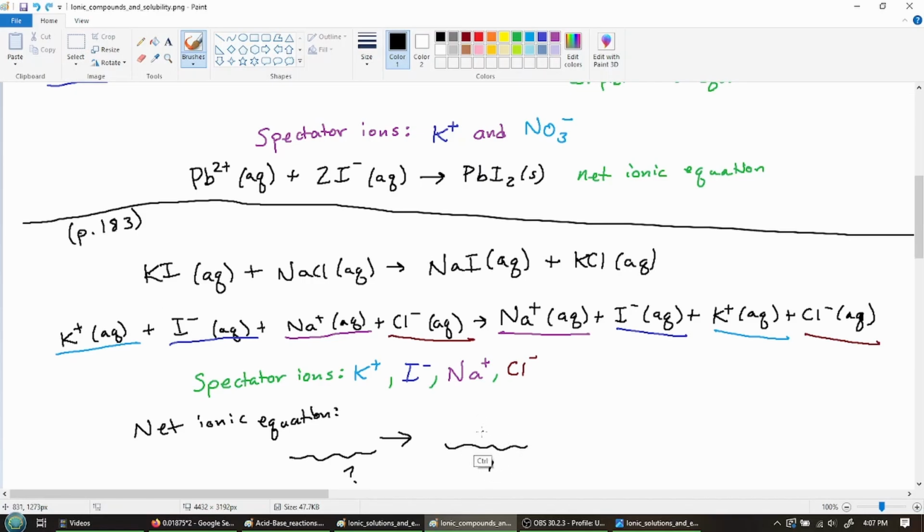So instead of putting question marks, let me put an X here just to remind us that there's not really anything left over. The same thing is true on the product side. This is why, when all of the species present are soluble and they don't form a precipitate, we say that in this case, no reaction occurs.